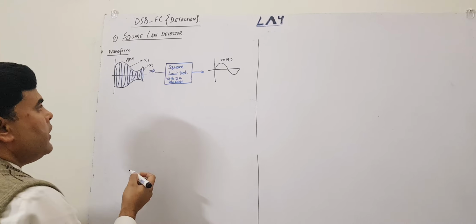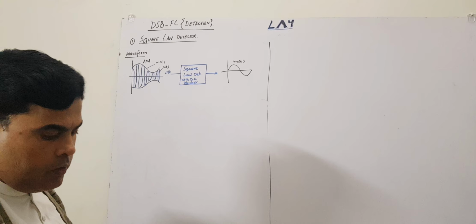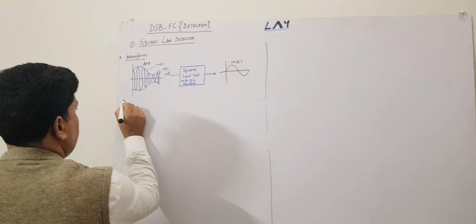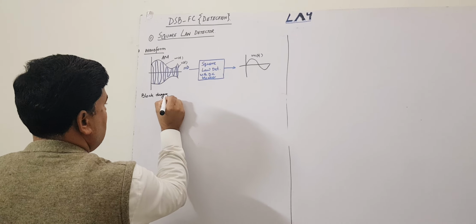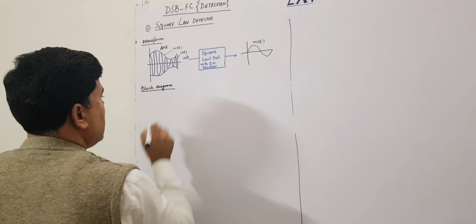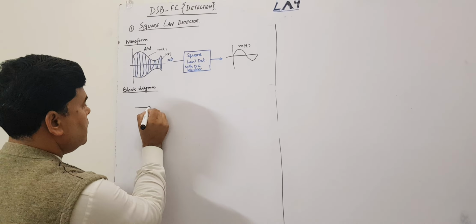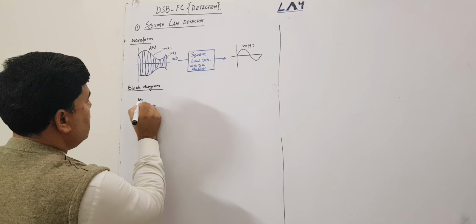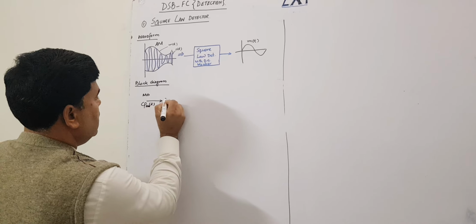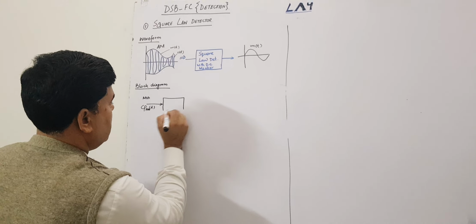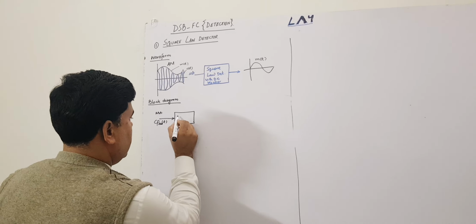And if we use the square law detector, we can get the message signal back that we have transmitted from the transmitter. So we can write a block diagram. The block diagram of the square law detector is: the AM modulated signal, you can say phi AM(t), is input into the square law device.